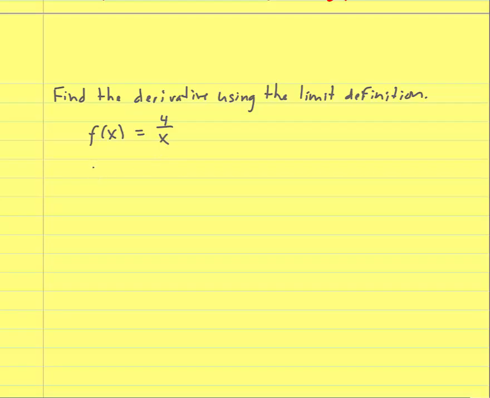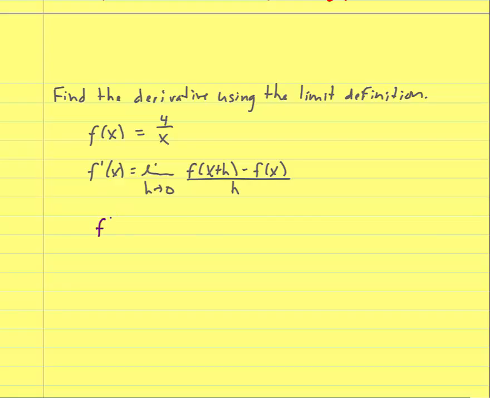So the limit definition of the derivative, f prime of x would equal the limit as h approaches 0, f of x plus h minus f of x all over h. So I'm going to write the generic first, and then I'm going to populate this equation with the 4 over x.